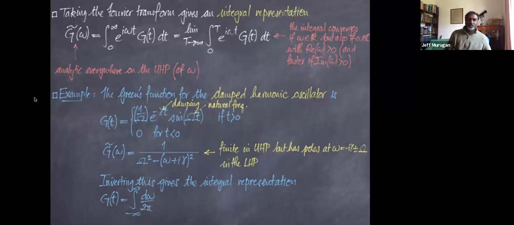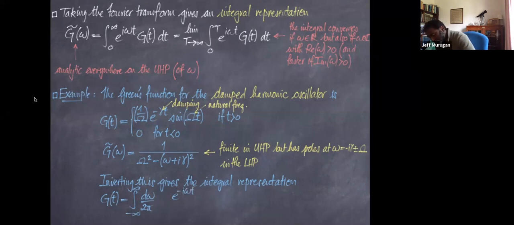Again, this is some normalization I'm choosing. Some people use 1 over root 2 pi, some people use 1 over 2 pi, some people use 1. Just be careful about your convention, but as long as you're consistent, it's fine.